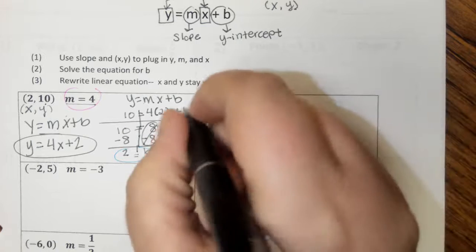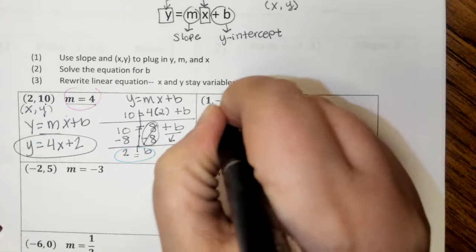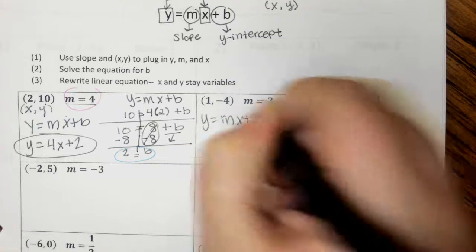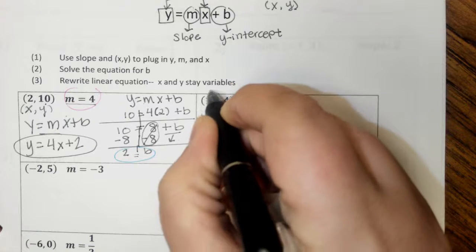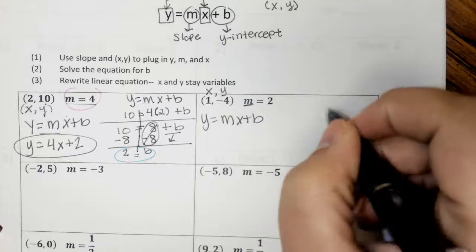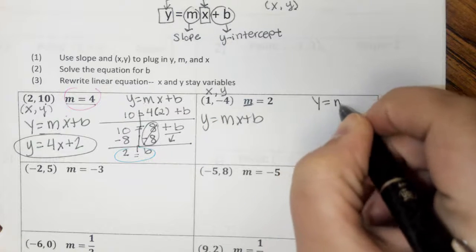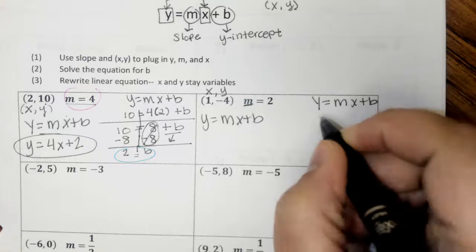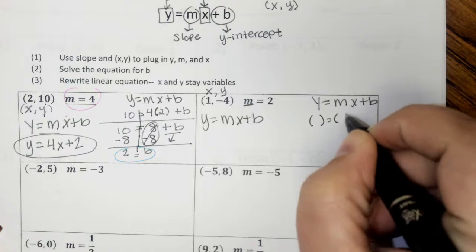Again, our goal is to write y equals mx plus b. Well, I know an x value, a y value, and an m value. I'm going to put a bubble everywhere I see a letter.